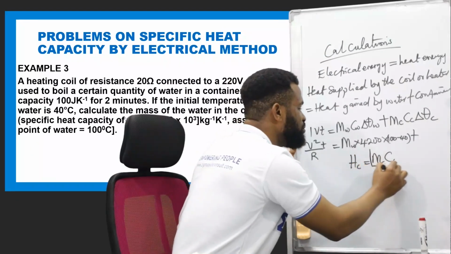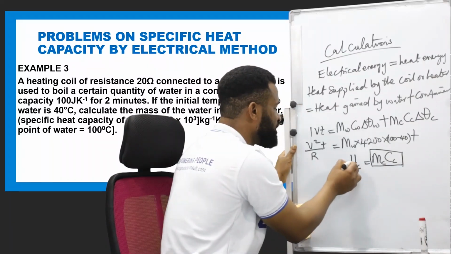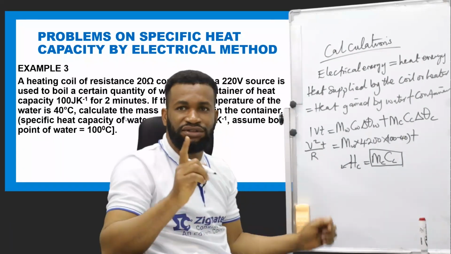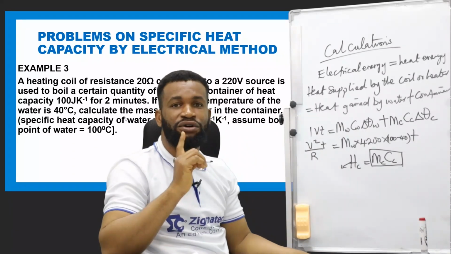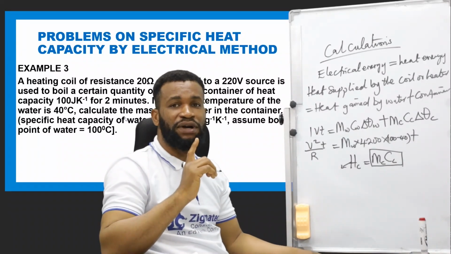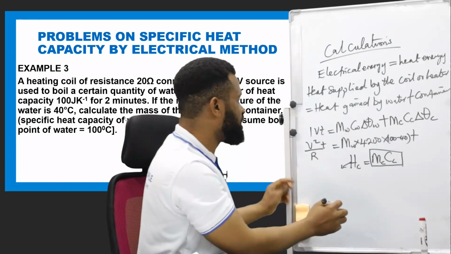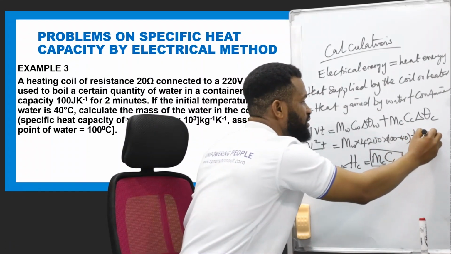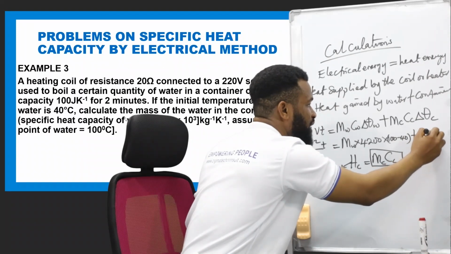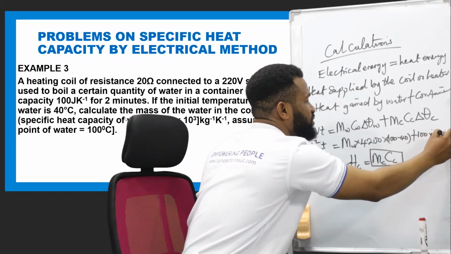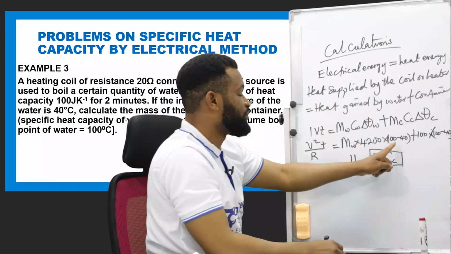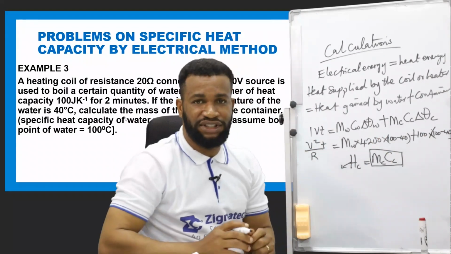So I am going to remove these two and put heat capacity of the container. According to this question, it is given as 100 joules per Kelvin. So instead of writing mass and C, I'll just put 100, all multiplied by 100 minus 40, which is the temperature change for the container, and the temperature change of water must be the same.